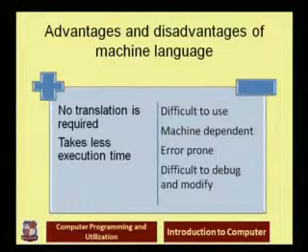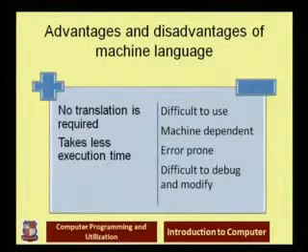So when we want to execute the same program on a different machine, then we have to write the same program once again for the different architecture using its own instruction code available for that processor.